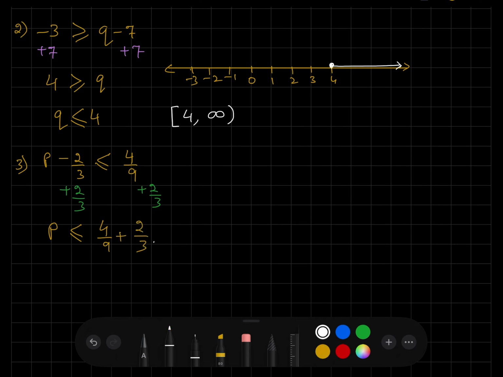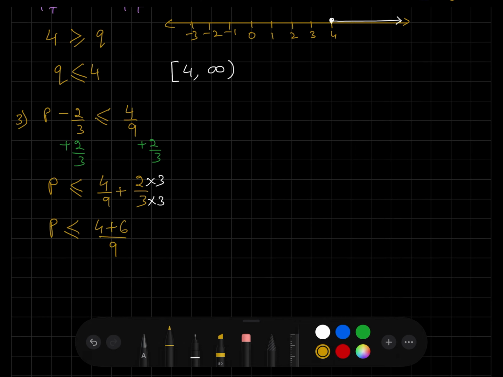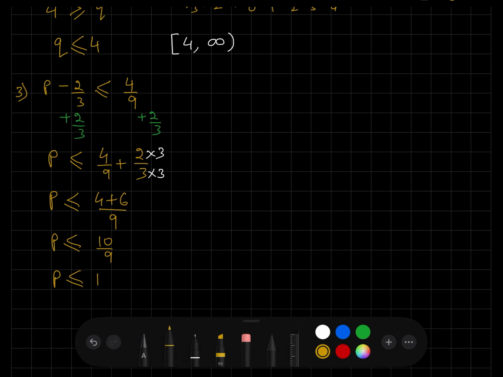I will make my denominators equal, so p is less than or equal to 4 plus 3 times 2, which is 6, over 9, so p is less than or equal to 10 over 9. Let us write it as a mixed fraction, because this is an improper fraction, and we never leave our answer as an improper fraction. So this is 1 and 1 over 9, and p is less than or equal to that.